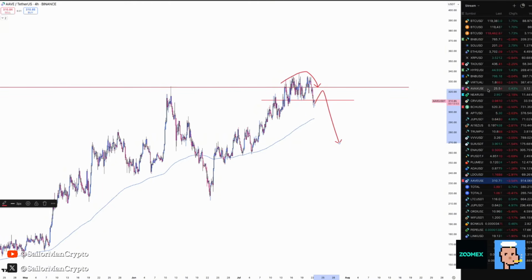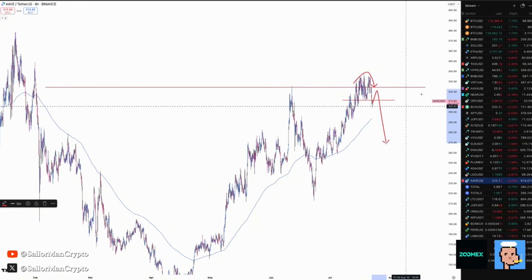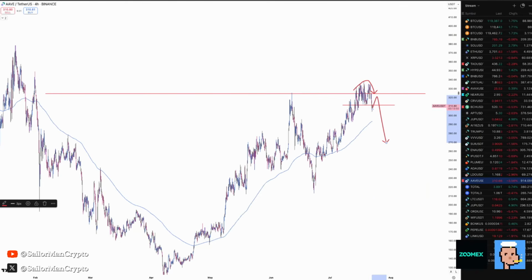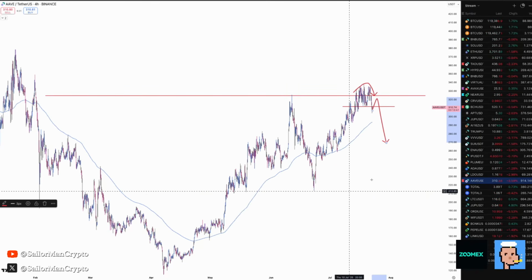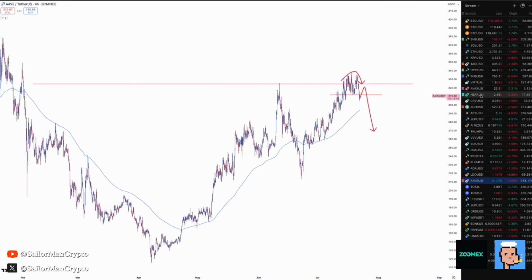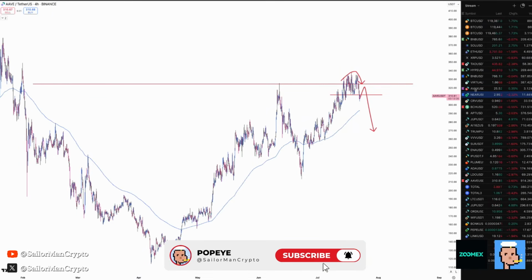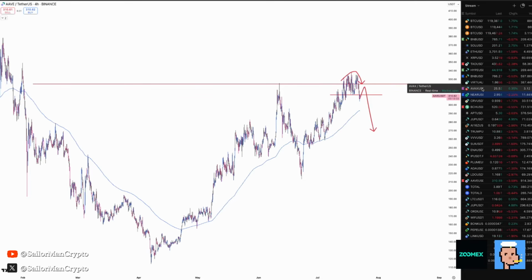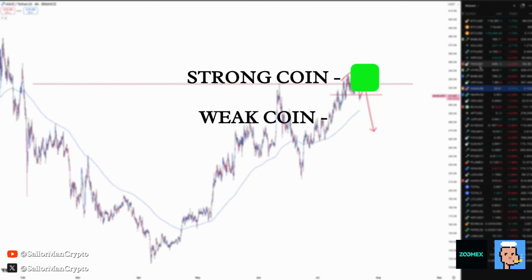We will not check all of them, to keep the video short, but again, you map all your levels. The other thing I do is, for example, to mark in blue all the coins that I have a trade open on, and in case during this process I set some bids for long or for short, I usually mark it in yellow. So at the end, you will have a watch list that shows you strong coins in green and weak coins in red.